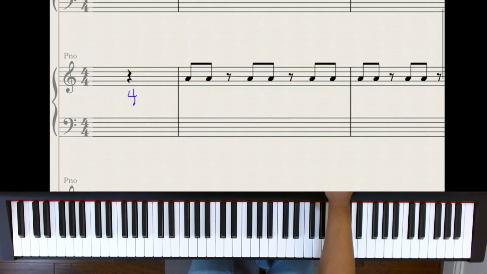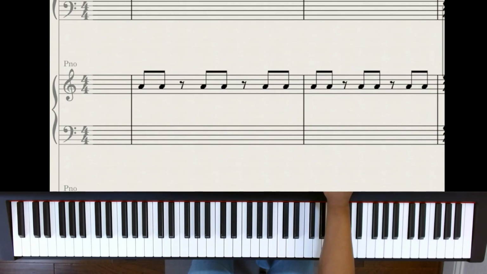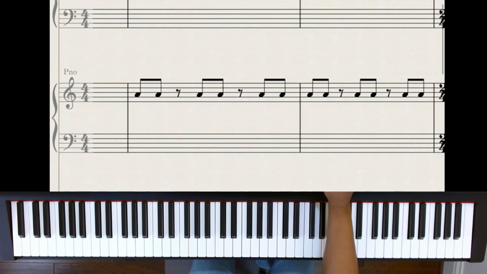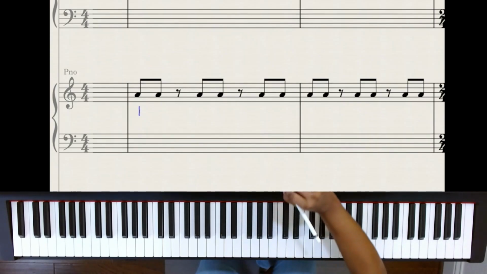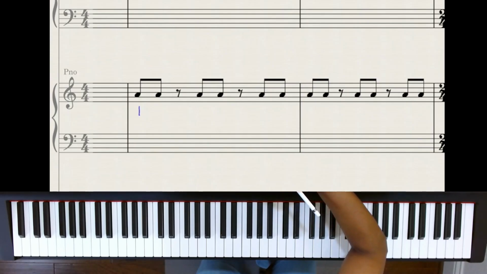Now this example can get a little tricky, but that's okay. So we first have to find our downbeats, okay? Or our numbered beats. So here's beat 1. And we have to subdivide, okay? Because each eighth note is worth half a beat. So we're going to count 1 and.